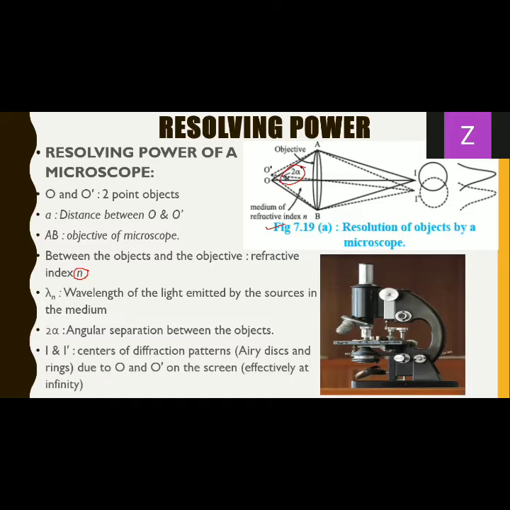So we have two objects, obviously we are going to get two diffraction patterns in the form of Airy's discs. Why? Because they are point objects we have considered, and point objects give you a diffraction pattern of Airy's discs. So I and I dash are considered to be diffraction patterns, to be precise the centers of the diffraction pattern, which is formed due to objects O and O dash.